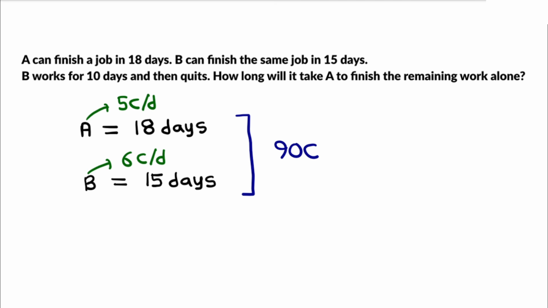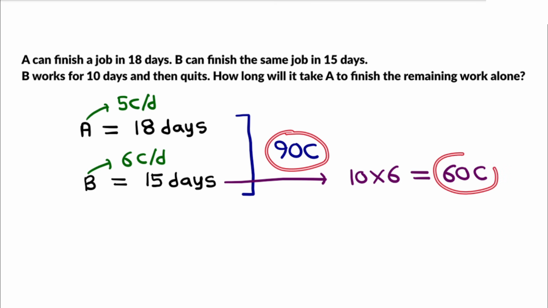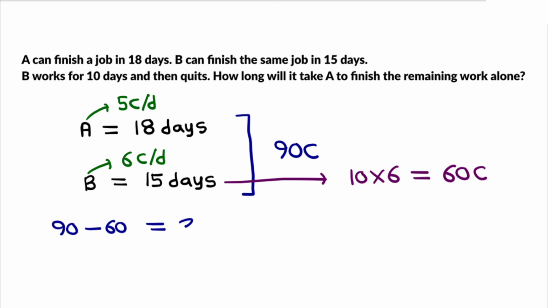Now, we're told that person B works for 10 days. At 6 chairs per day, that means person B completes 10 times 6, or 60 chairs. Out of the total 90 chairs, 60 are finished. So there are 90 minus 60, which equals 30 chairs remaining.